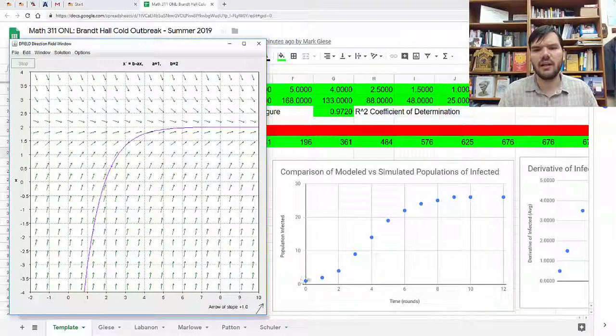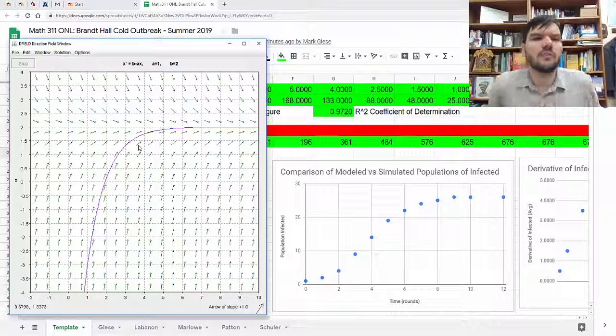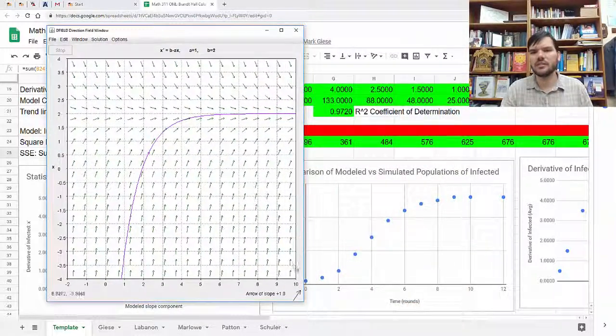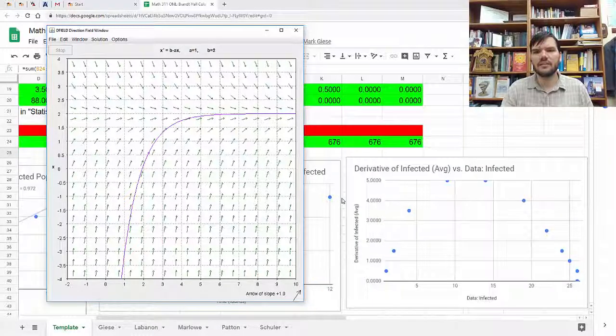It seems like it's coming up from 0 and then meeting this term. So when you compare the other differential equations, you're looking for some of that pattern, some of that shape and relationship and the overall curve, and also looking at this shape relating the derivative itself to the population.